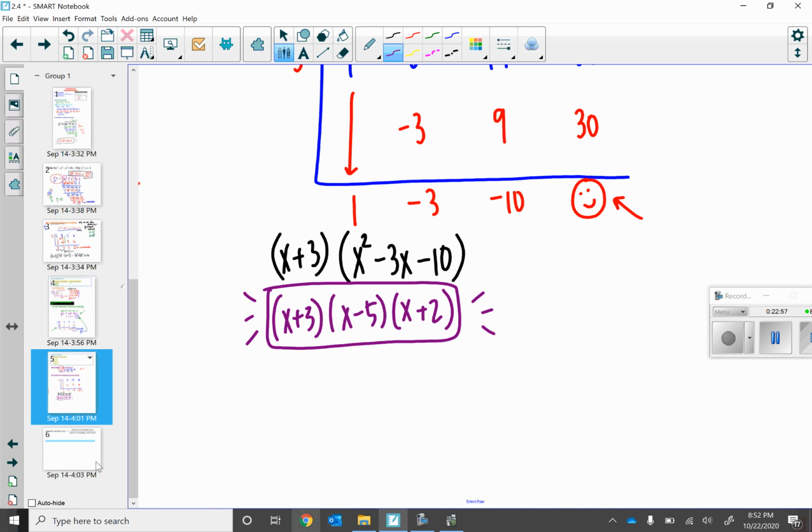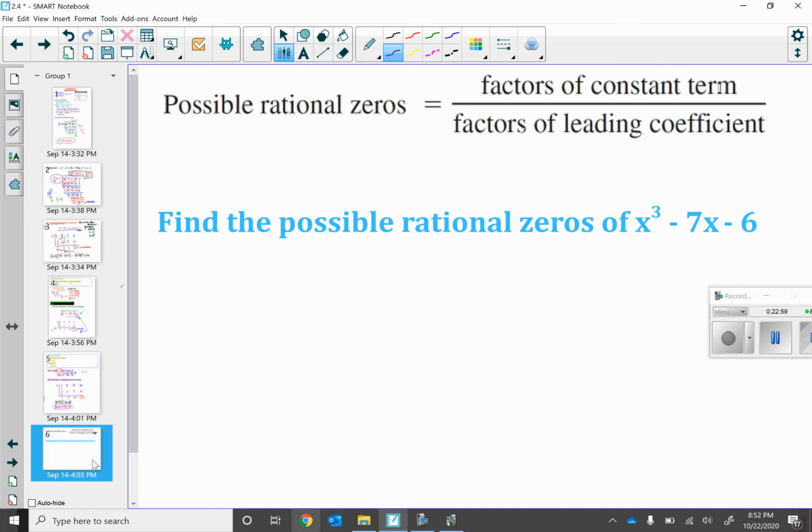The last and final thing in this section is possible rational zeros. So in the chance that you can't find a function, can't find a graph, we don't really want to guess and check. That probably seems way too hard, right?